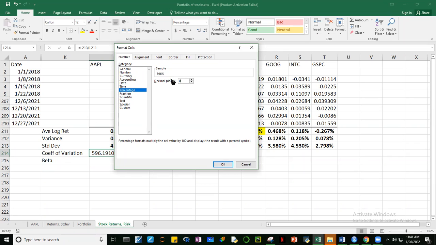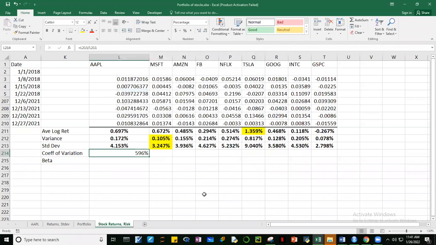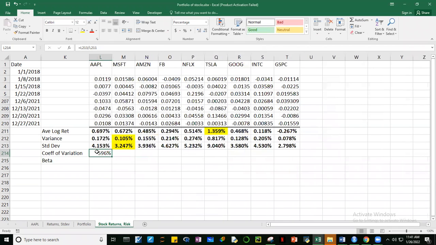Zero decimal place lang natin. Okay, then highlight natin to. Okay.